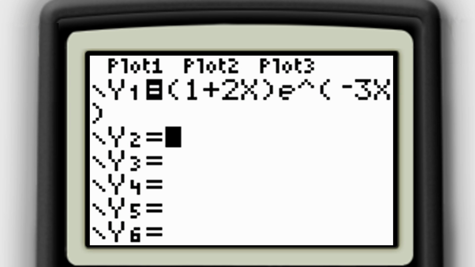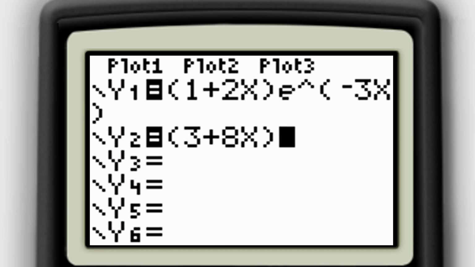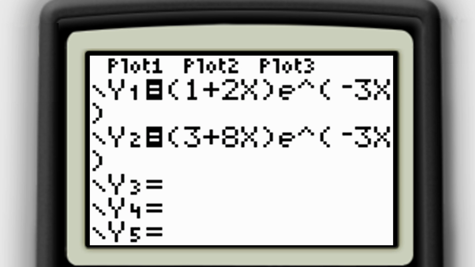So we would like to see more than one of these solutions on the same set of axes. Pick different values of C1 and C2. If you want to do the same as I'm doing, I'll start parentheses, maybe a 3 plus 8x, close parentheses, e raised to the negative 3x, close.